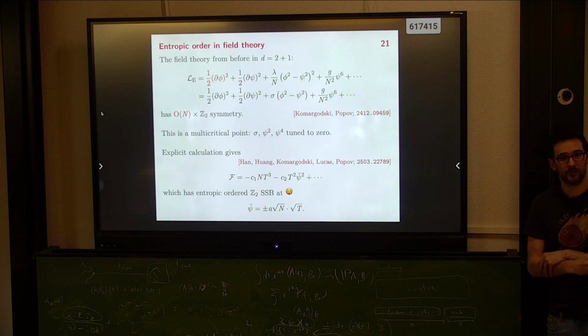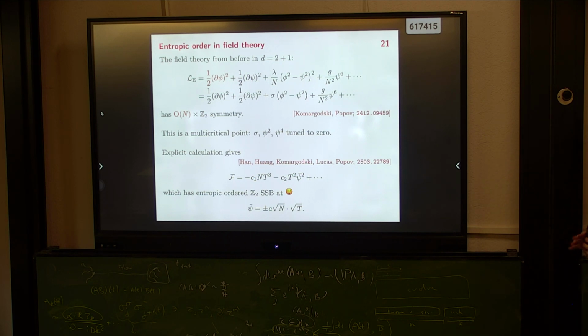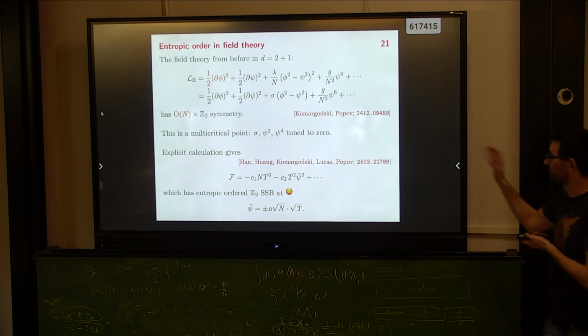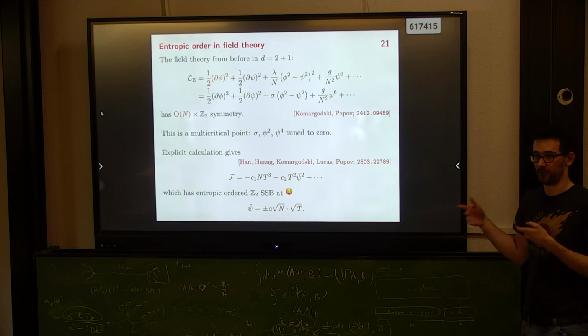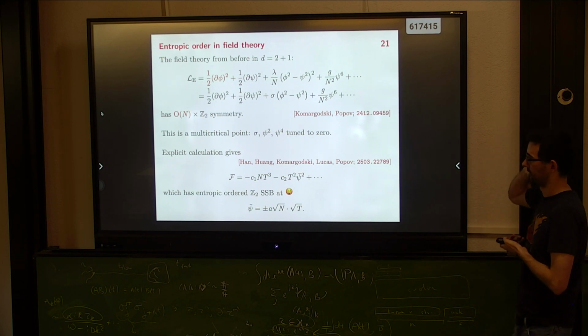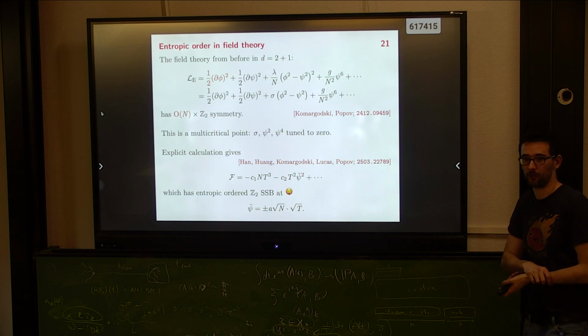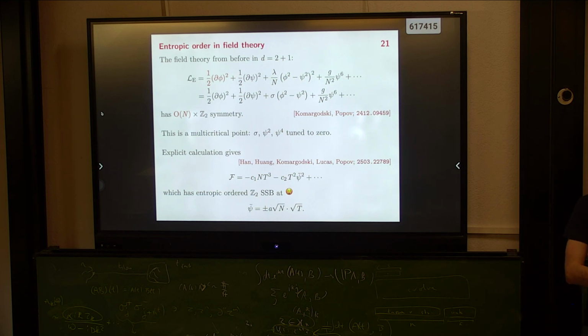Okay. So it's tedious, but one can check this and deduce that this model has entropic order. You can even, in this model, calculate just the entropy density and the energy density, rather than the free energy density, and you can indeed see that the entropy is just larger away from psi bar equals 0.